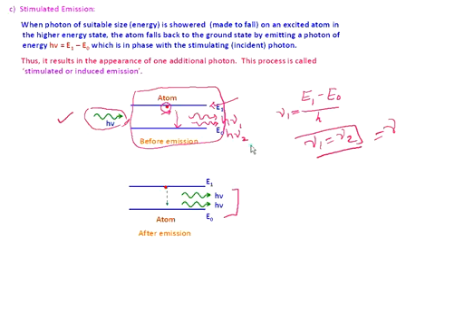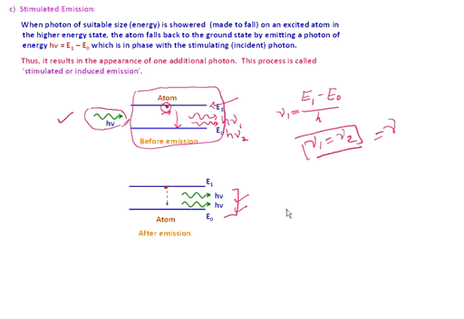One photon comes from the excited atom, and the second photon, which basically induced this excited atom, is that one, right? And the frequency of both photons is the same. So in case of stimulated emission we get two photons of the same frequency and the same phase.